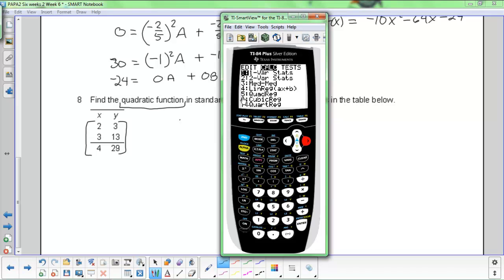Now we are going to introduce quadratic regression. Quadratic regression is number 5. So number 5, you're going to make sure that you've got the proper lists and hit enter all the way through and have it calculate. Once you have it calculate, you'll see your quadratic function in standard form, y equals ax squared plus bx plus c, where a is 3, b is -5, and c is 1.